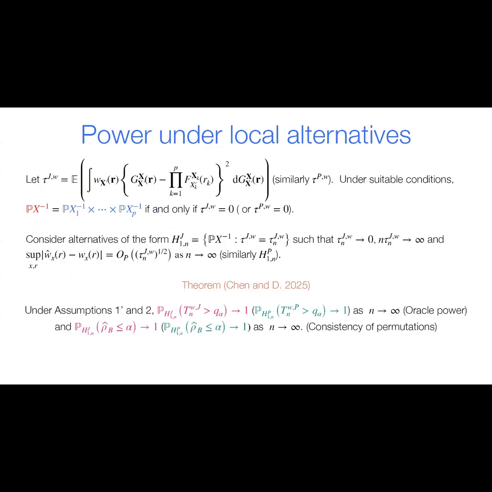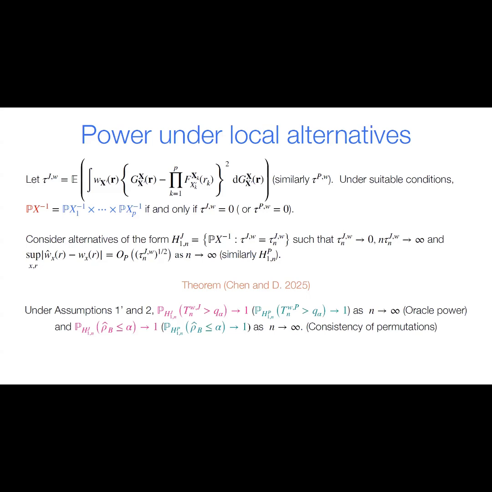One more small result before we move on to the simulation is that one can also get guarantees of power under alternatives that are very close to the null. So these are the population targets of our test statistic, and these characterize independence under very mild situations, as we have seen before. So we are considering alternatives of the form where these quantities are going to zero.